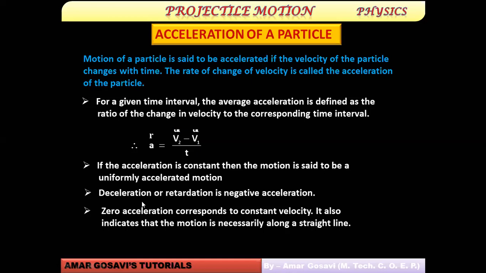If there is no acceleration, the velocity is not changing, that means the change in velocity is zero. That means it represents constant velocity, and it also indicates that the motion is necessarily along a straight line because the velocity is not changing.